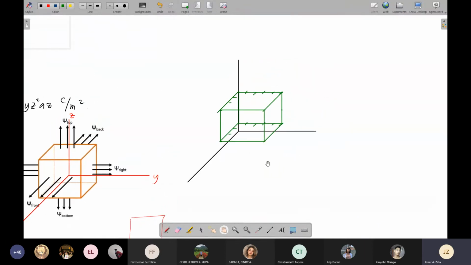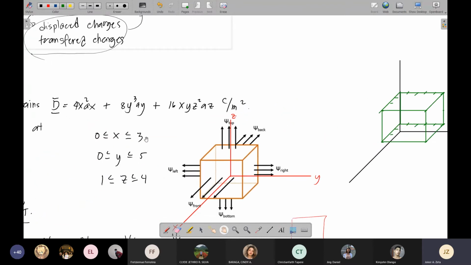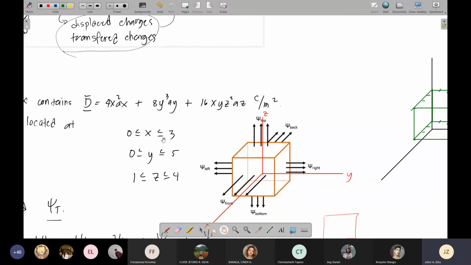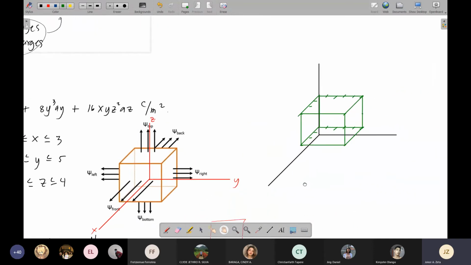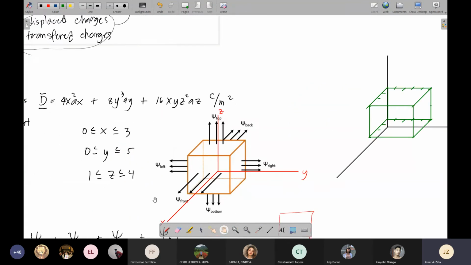Now, where is the front surface located? Based on the limits from 0 to 3, the 0 is the back and the 3 is the front. Therefore, the front surface is located at x equals 3.